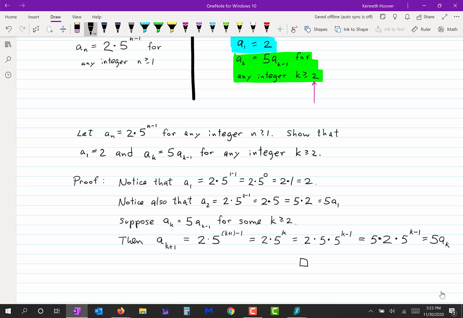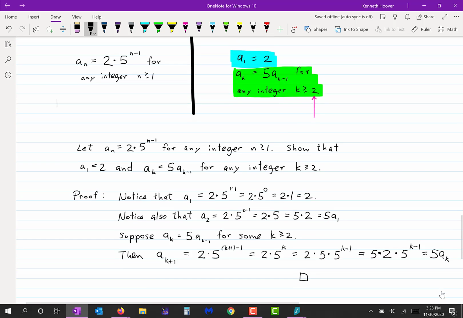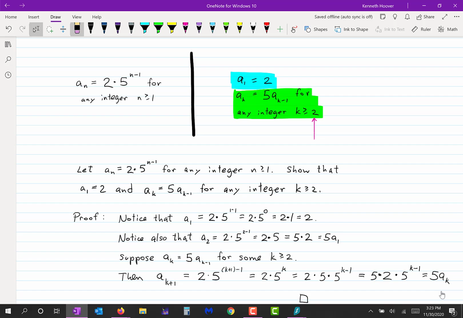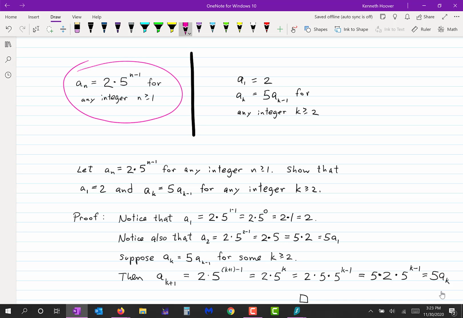Now, this one is in the book, but I will caution you, they've done it differently. It looks very different. And that's because they did things in a different order. What I proved with you here is that this is the same as this.